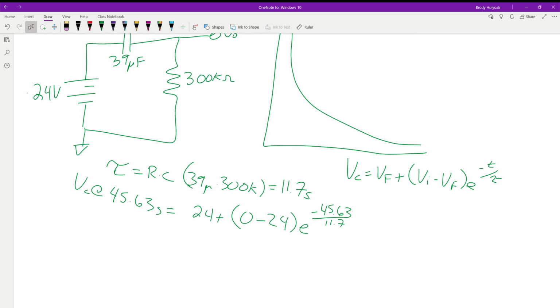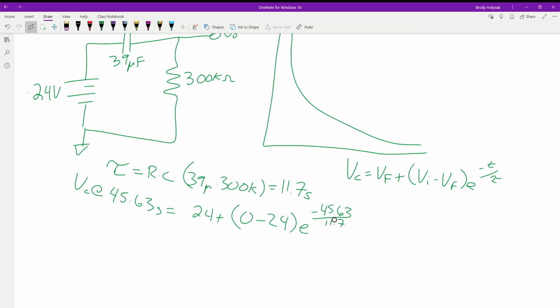So 45.63 divided by 11.7 is what? 3.9. So we know at 4 tau, it's 98.2 percent. We can take this value and double check ourselves as we go. My answer is going to be less than 4 tau, which is 23.56 volts.